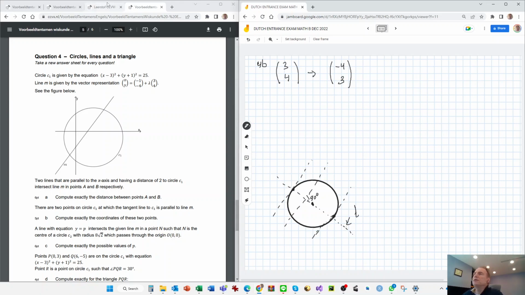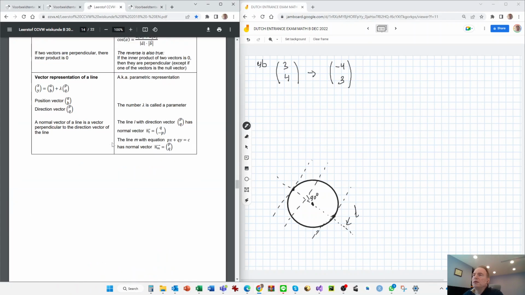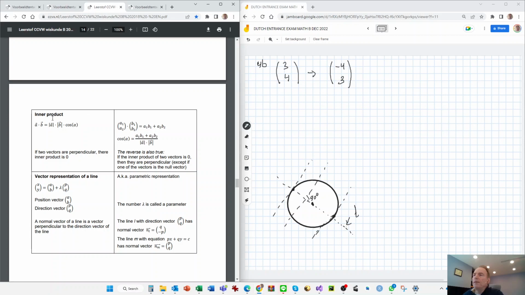And that's also part of the, let me see, a normal vector of a line is a vector perpendicular to the direction vector of the line. You can easily see that, noting that the inner product is 0, which means the cosine has to be 0, which means the angle is 90 degrees.